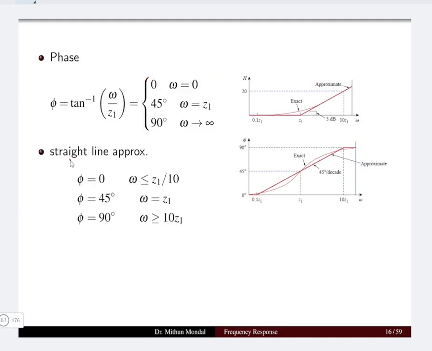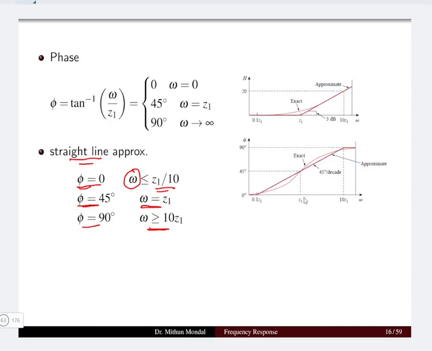Using the straight line approximation method, we can divide the frequency axis: at frequencies below z1 divided by 10, the phase will be 0, then at the corner frequency we will have 45 degree as the phase, and above 10 times the corner frequency we will have the phase at 90 degree.